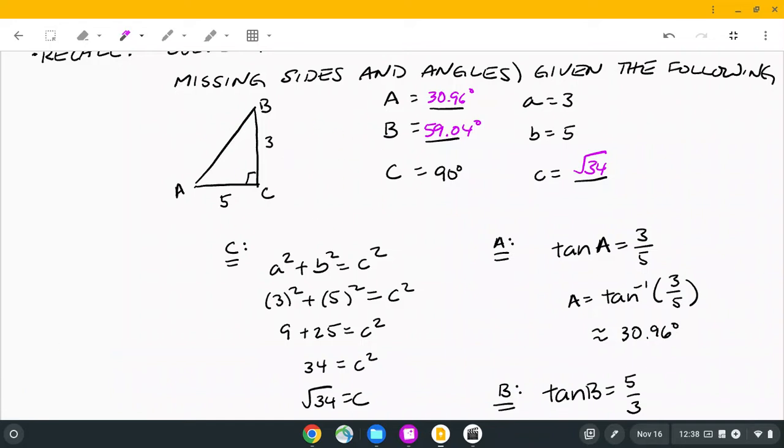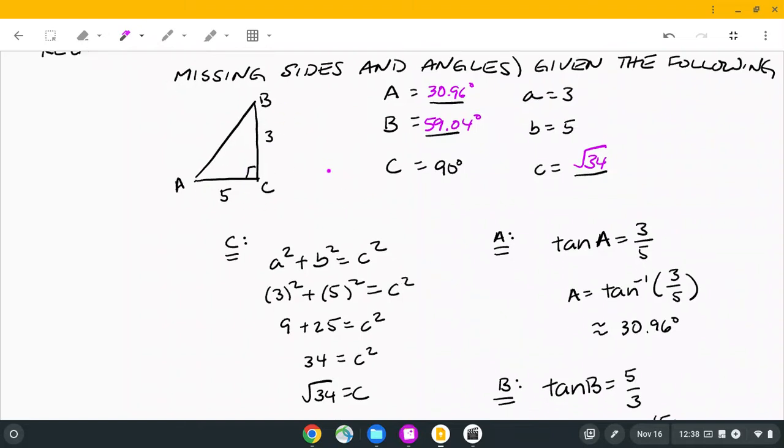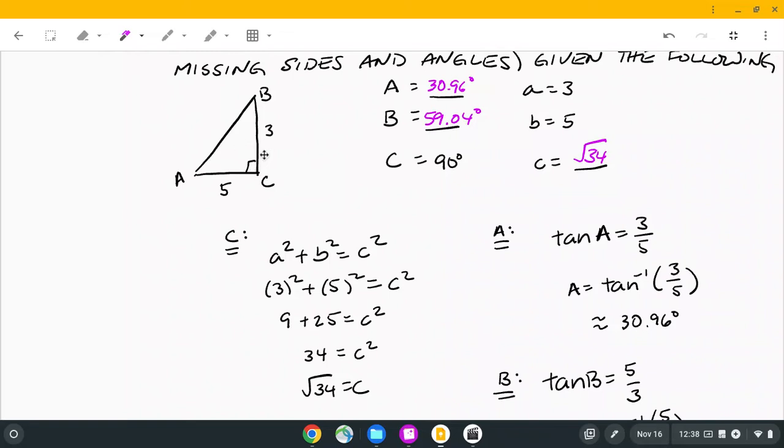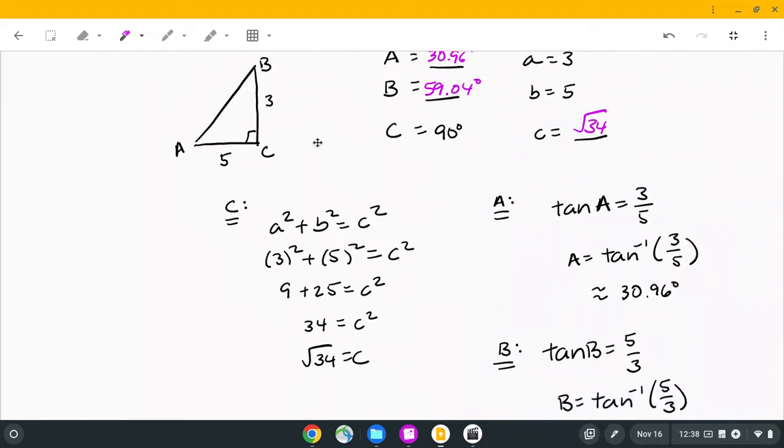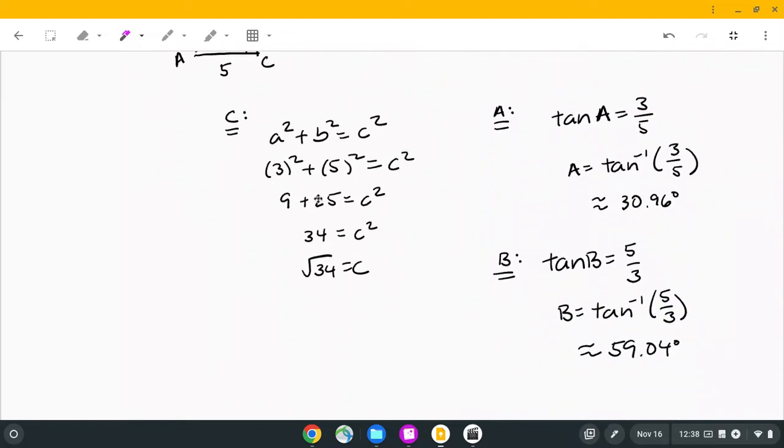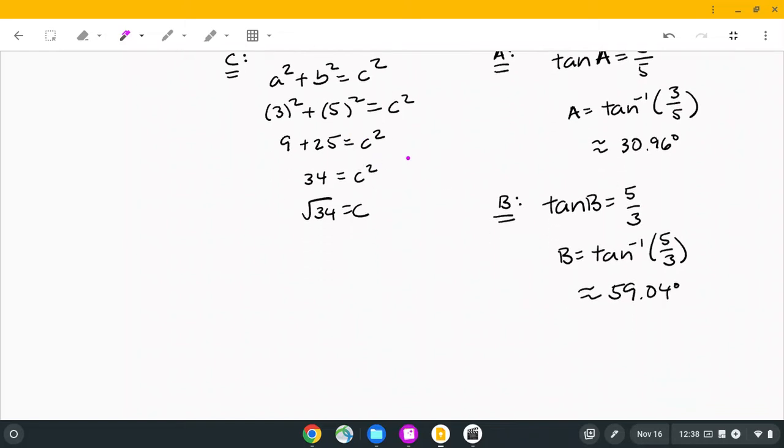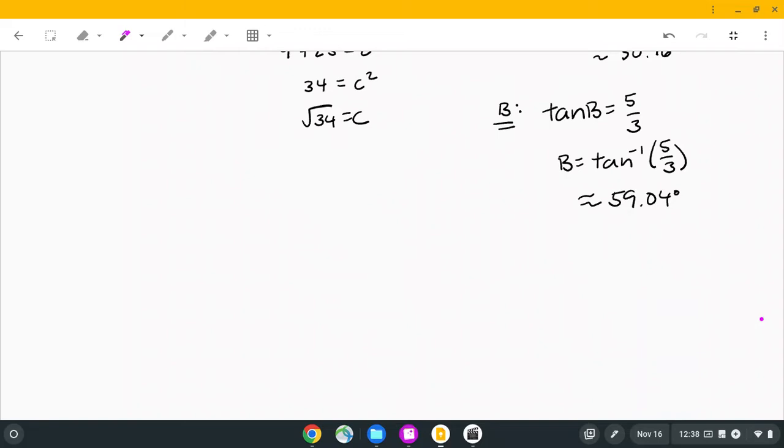With law of sines, we start to do the same idea where we solve the triangle and find all the missing sides, except the difference now is that your triangle is no longer going to be a right triangle, so we won't be able to use the Pythagorean theorem.